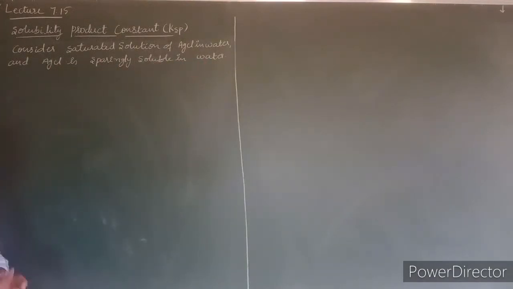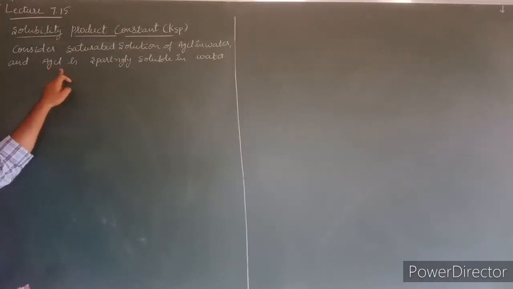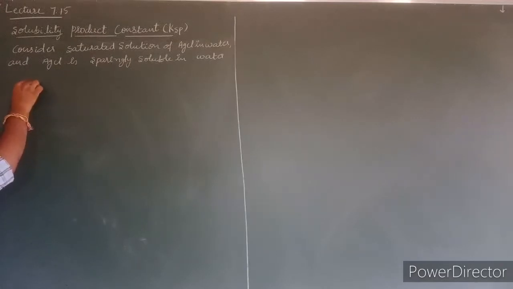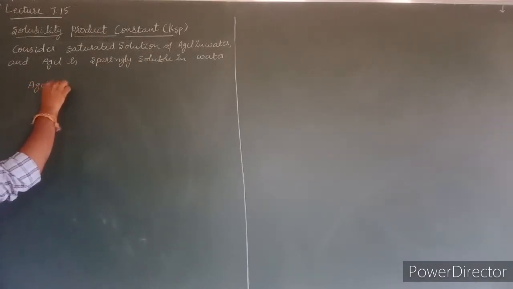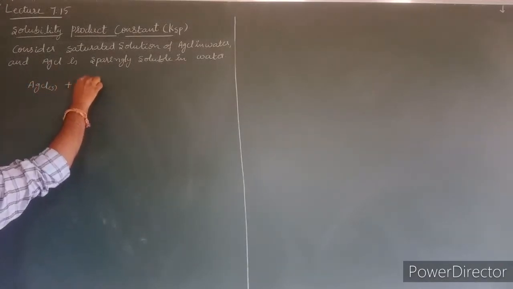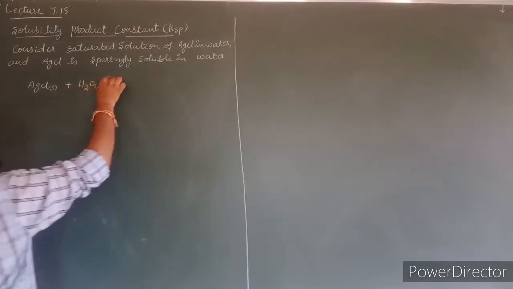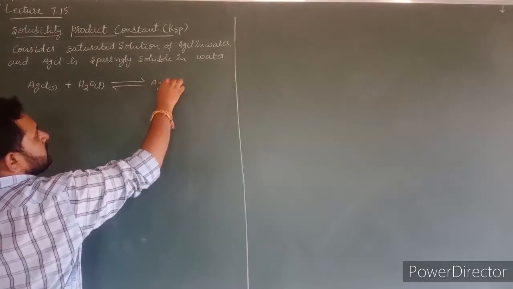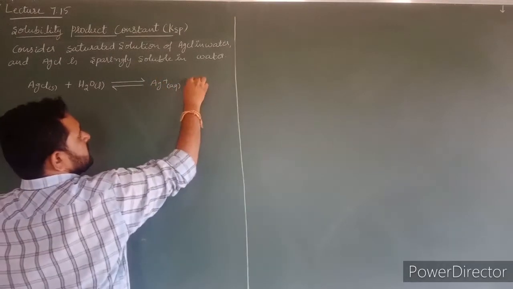Now let us write chemical equation for dissociation of silver chloride in water. When solid silver chloride is dissolved in water, then it is dissociated into Ag plus ions and Cl minus ions.